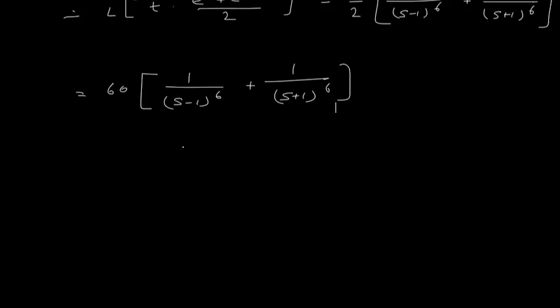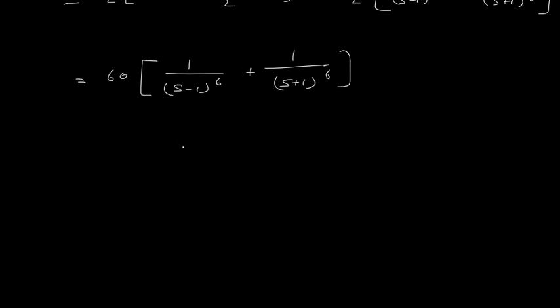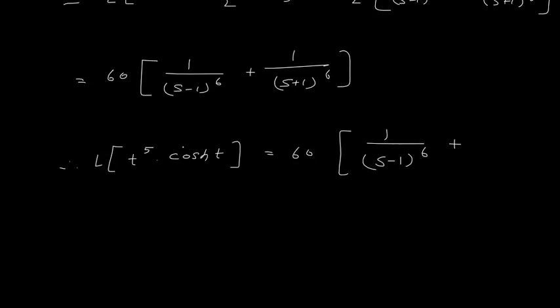Now here this term is Laplace of t power 5, and this e power t plus e power minus t upon 2 I can write cos hyperbolic t. So Laplace of t power 5 into cos hyperbolic t is equal to 60 into 1 upon s minus 1 the whole power 6 plus 1 upon s plus 1 the whole power 6.